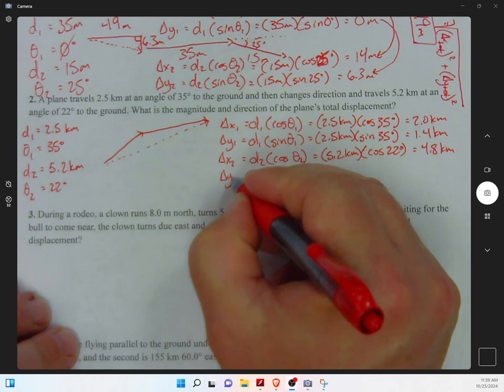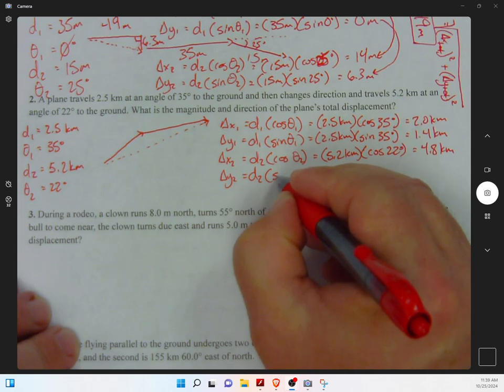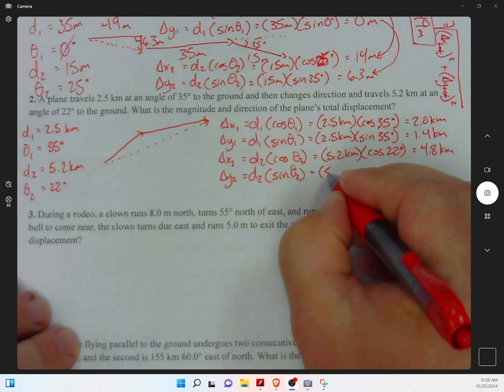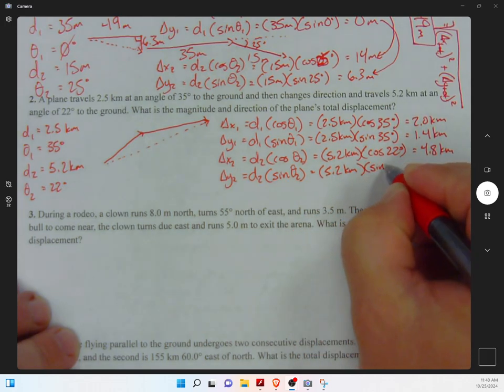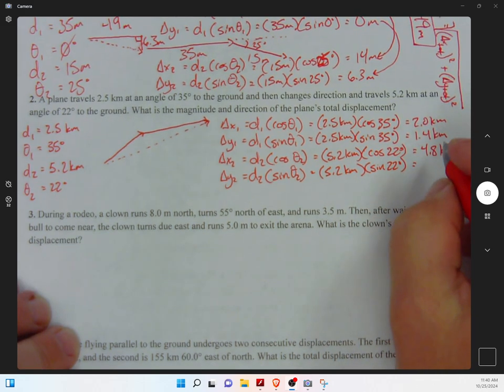Now the y component of the second displacement is 5.2 kilometers multiplied by the sine of 22 degrees, which my calculator tells me is 1.9 kilometers.